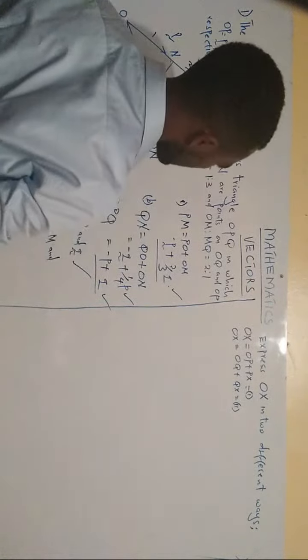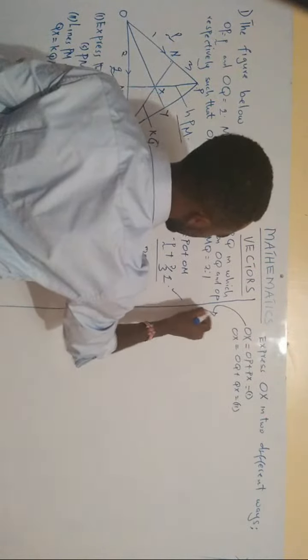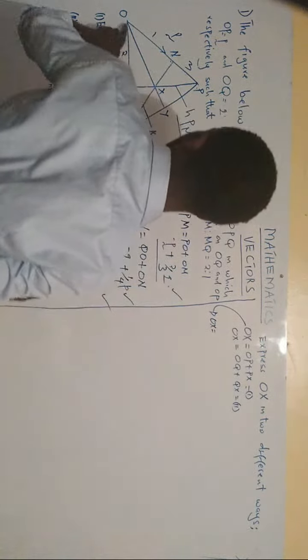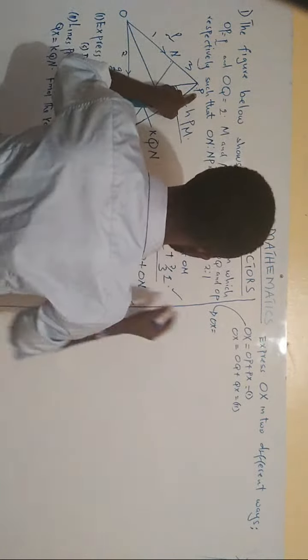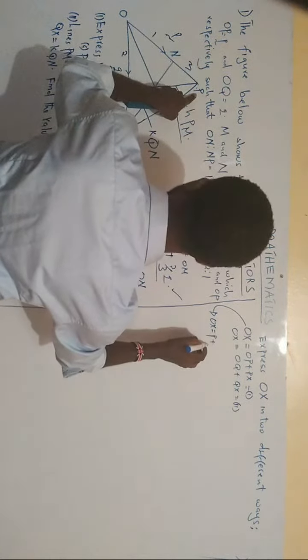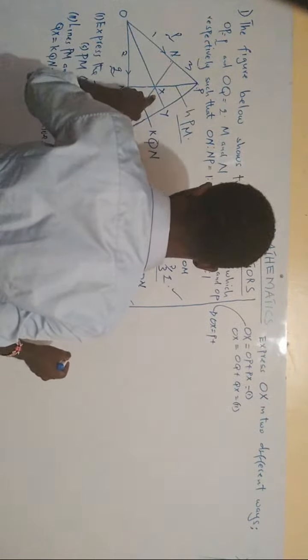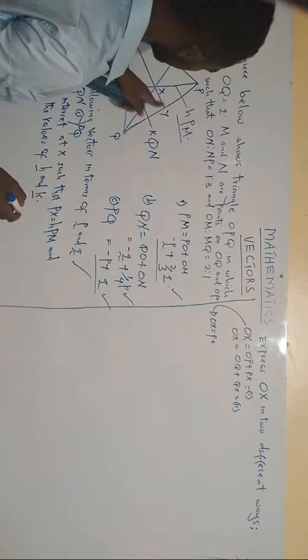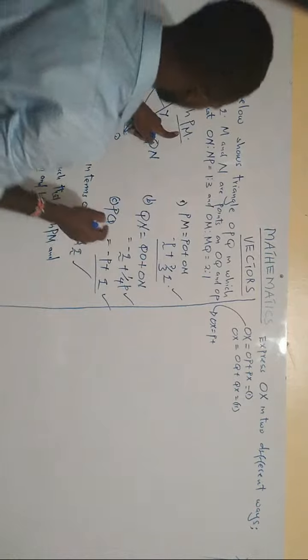And say, for the first case, this one here, OX is given as OP, and OP is P plus PX. And the PX, did you get the PX? PX is given, is equal to, look at this, PX was given here.